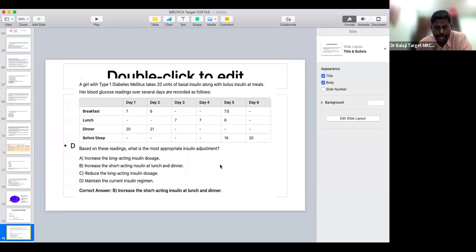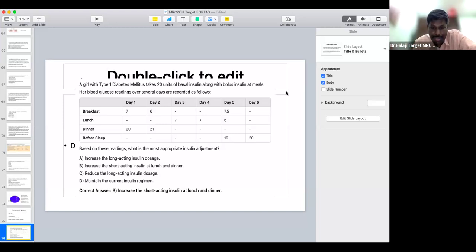Then this is the final question for the day. Okay. So many times they give you a table of a child with different sugar levels and the insulin the child is taking. Then they will ask you which insulin needs to get adjusted. In that we should remember that early morning sugar reflects the basal insulin.